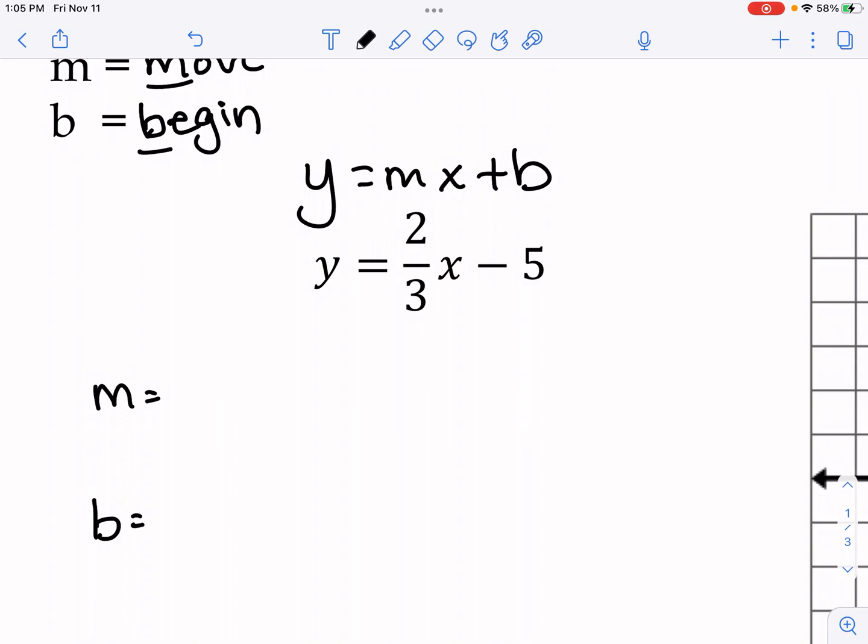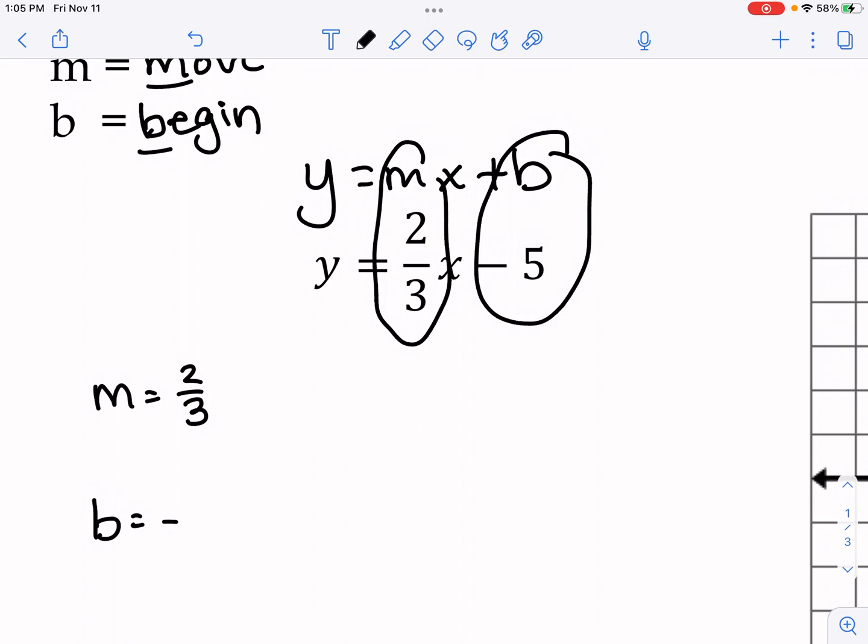That's an aspect of problem solving, identifying and using our context clues. So m is positive 2/3, and b is minus 5, or negative 5.